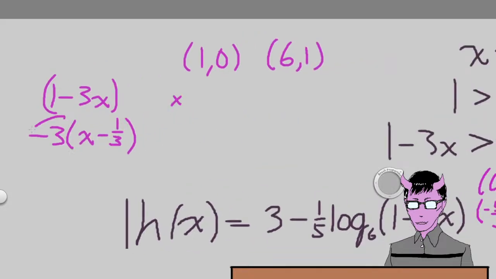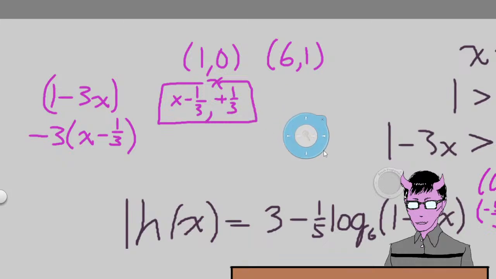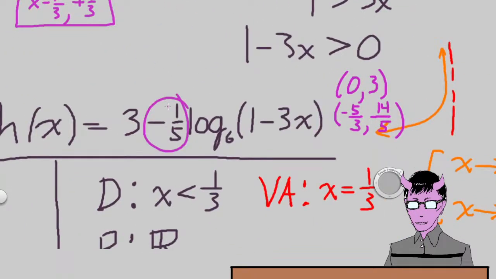So times inverse first, or I guess technically it's not inverse, but deal with the negative and deal with the inverse of the 3, which is 1/3. Opposite inside parentheses, so plus 1/3. That's the x transformation. Y transformation: times -1/5 plus 3.